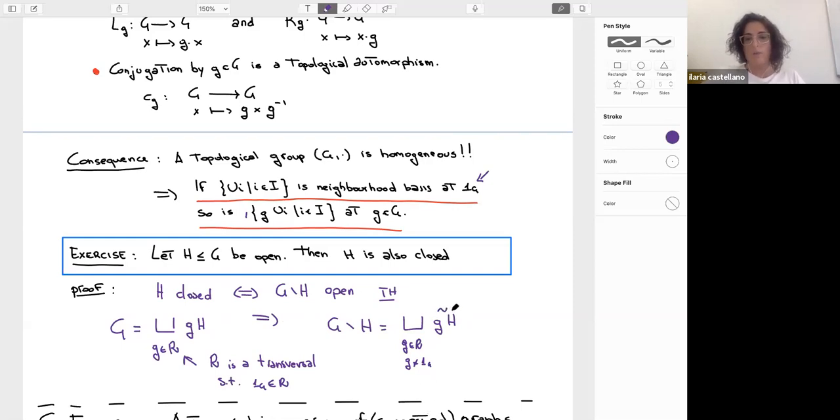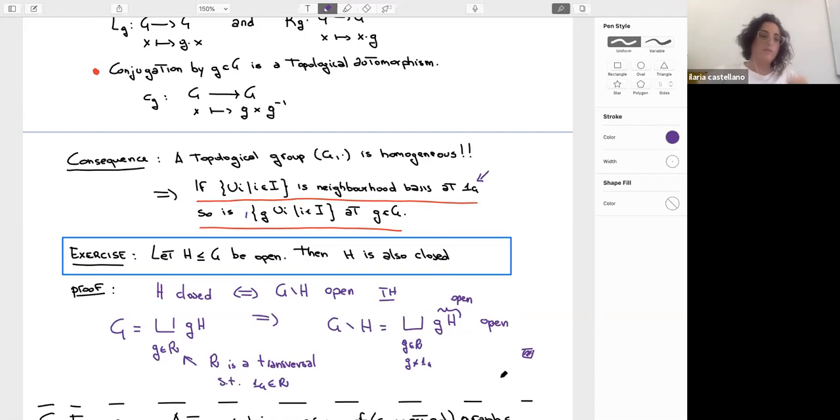And now we apply the fact that I just mentioned. All these cosets are open because H was open and translations are open maps. So gH is still open. So the complement is a union of open sets, so this is open, and this is the exercise.